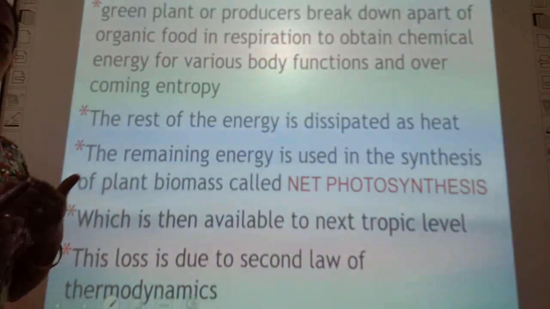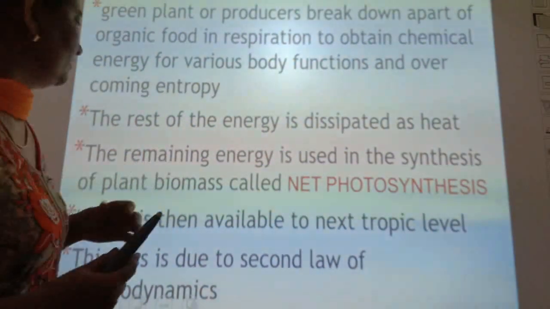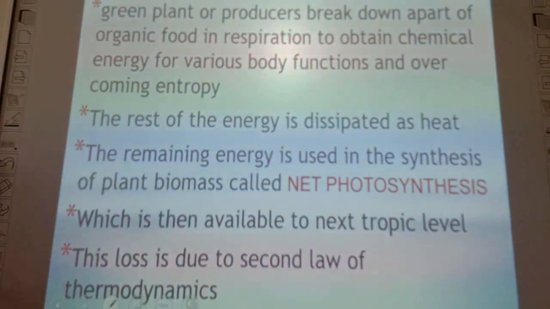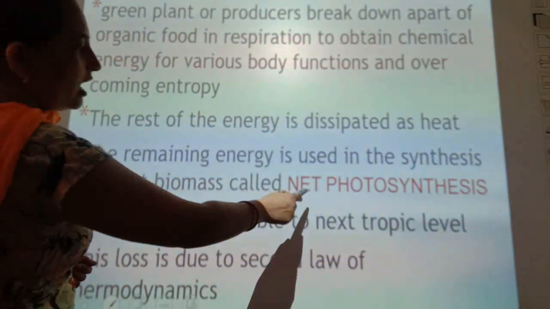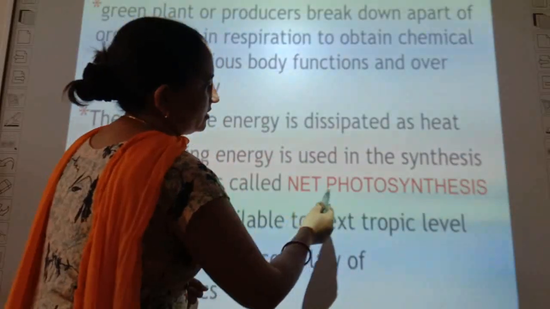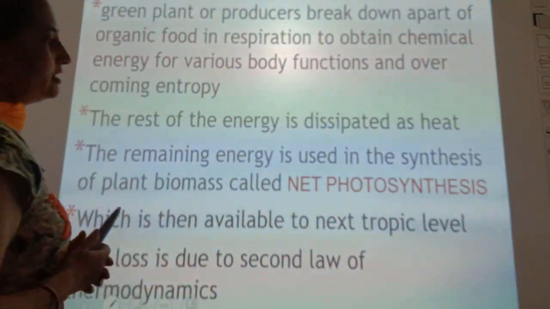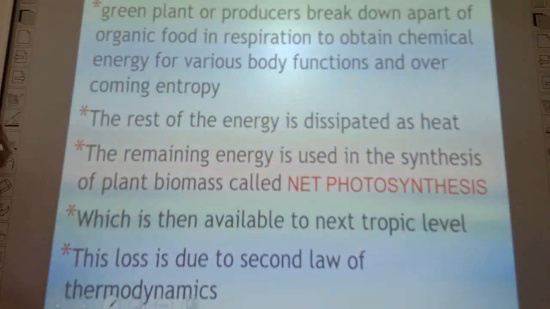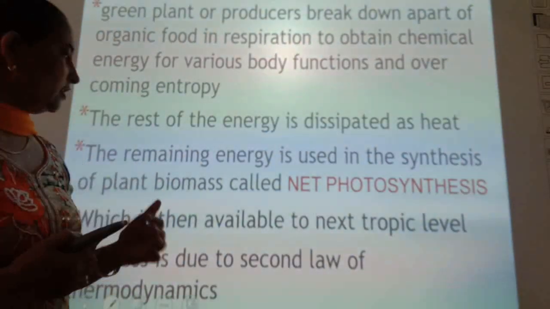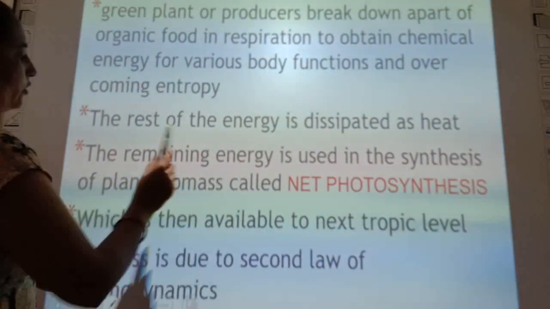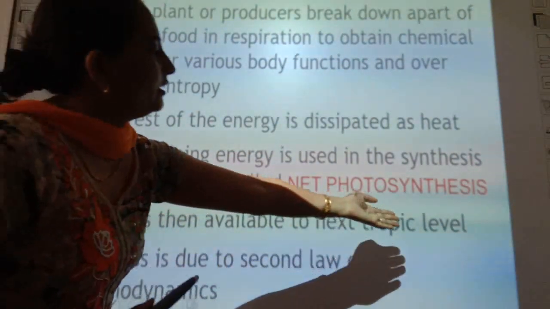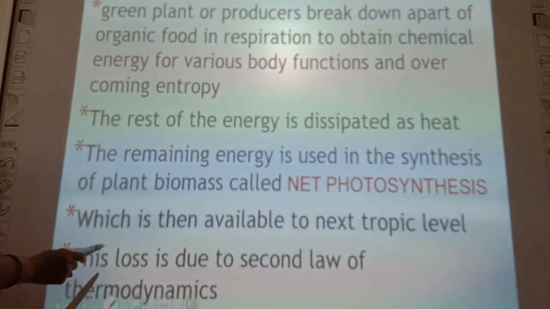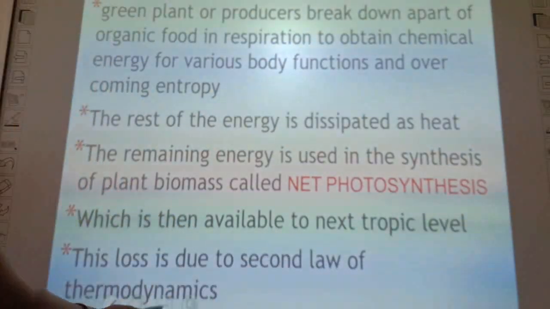The remaining energy is used in the synthesis of plant biomass, called net photosynthesis. Net photosynthesis is the energy used in biomass production, which is then available to the next trophic level, and this loss is due to the second law of thermodynamics.